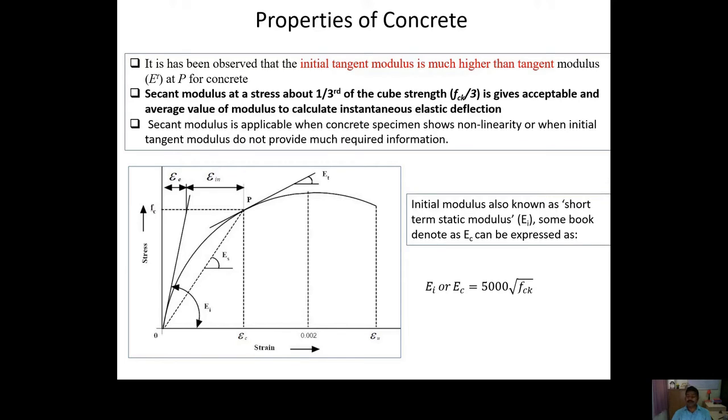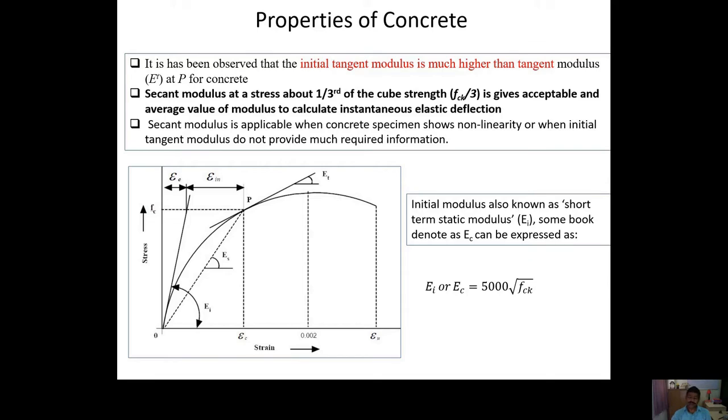So the IS code came up with the idea that Young modulus is equal to 5000 root under fck. Suppose you conduct a test and get the characteristic strength value, or you know the grade of concrete, from there you can find the value of the initial tangent modulus or Young modulus. Many books write it as Ec, and I also denote it EI or Ec; that initial Young modulus or modulus of elasticity is equal to 5000 root under fck.